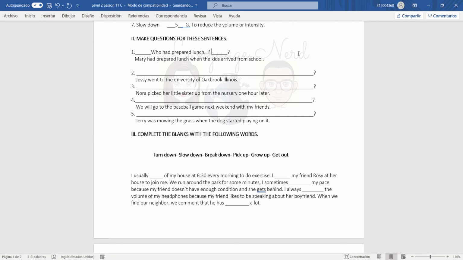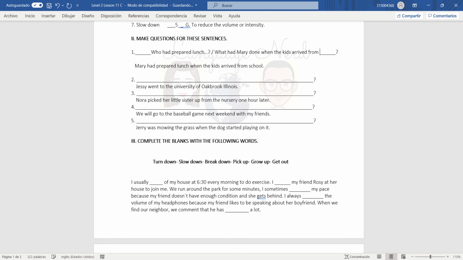Then another question can be, well, this is another option. What had Mary done? And then when the kids arrived from school. Okay, that will be question number two. That's another option.